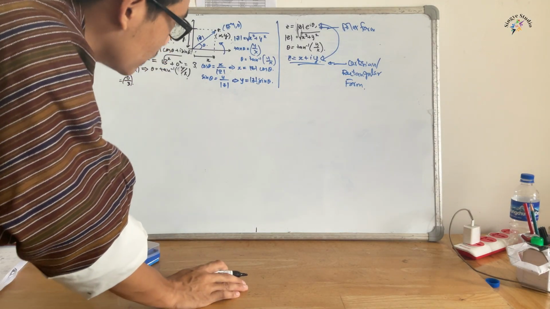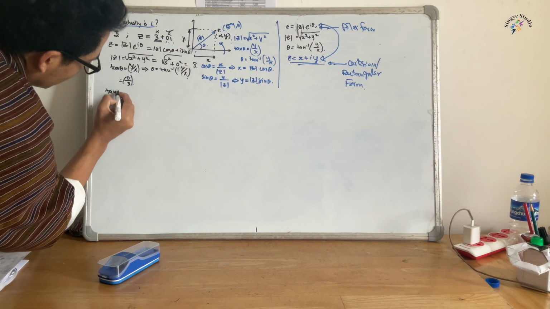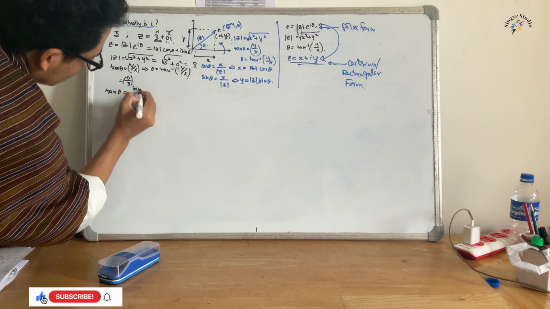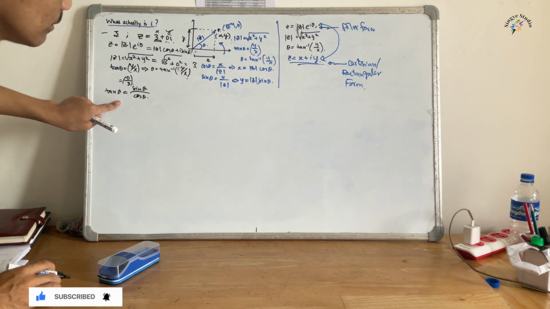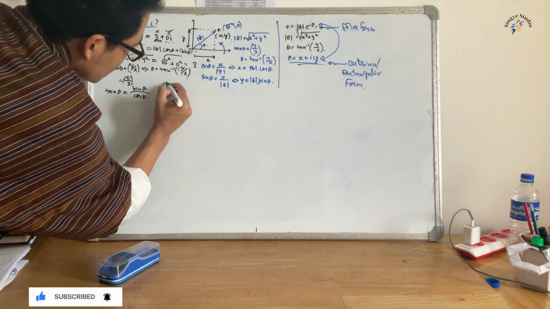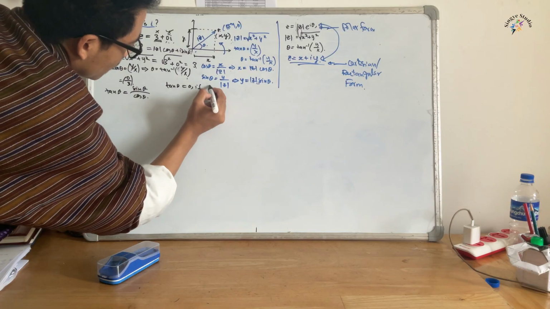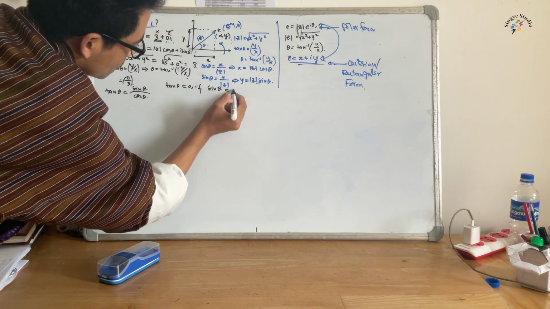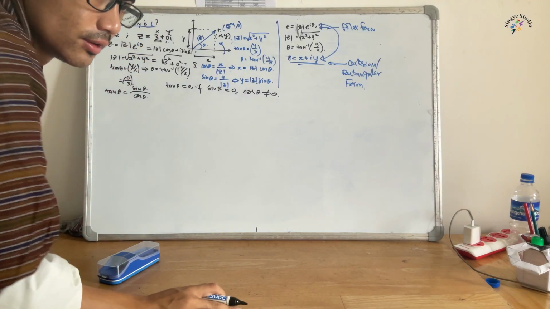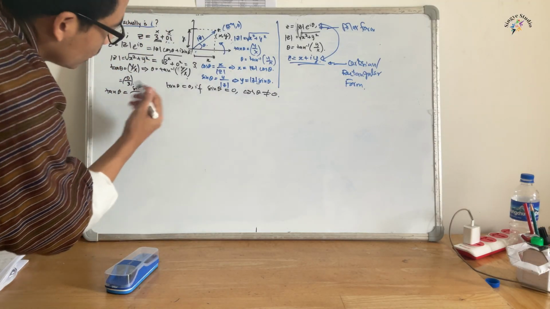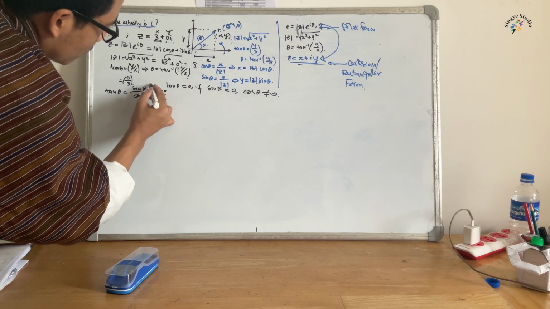Now from this, what we can make out is that tangent theta equals sine theta by cosine theta. Okay, so our tangent theta will be 0 if sine theta equals 0 and cosine theta is not equal to 0. That is, our tangent theta will be 0 only if our y is 0 and x is not equal to 0.